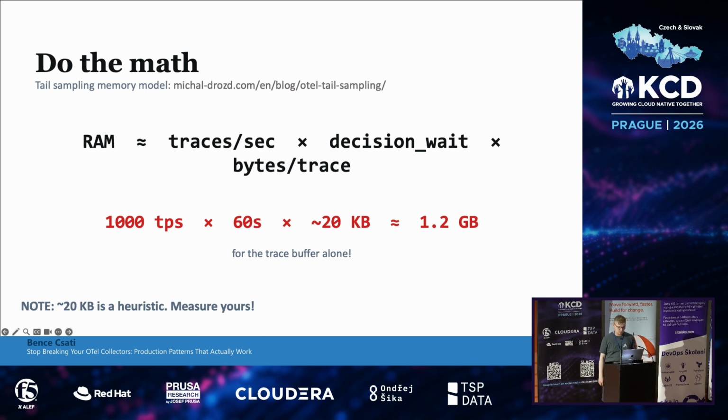What will save you is if you configure your GoMemLimit and your memory limiter based on this calculation. The formula will just tell you what kind of seat belt you need, so it won't trip every 5 minutes or so. If you didn't do this math, you just basically didn't enable tail sampling. You just scheduled an OOMKill, and your tracing will be so sad.